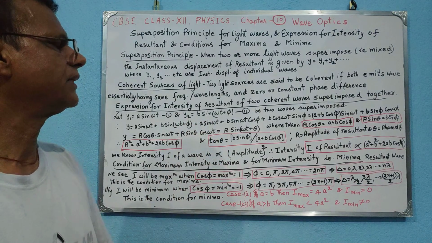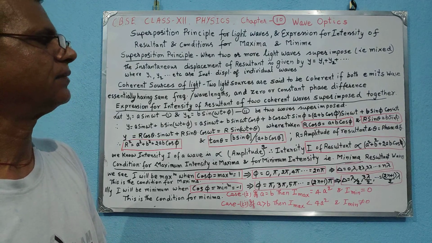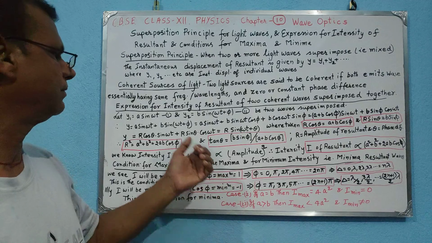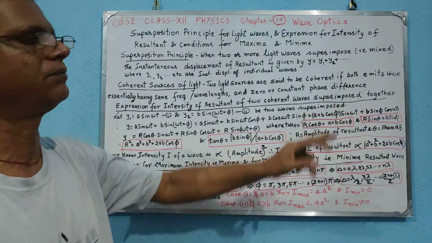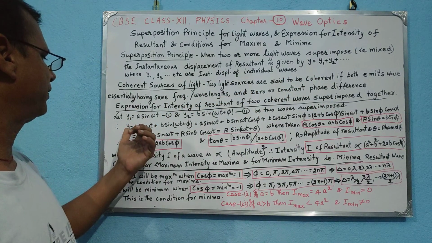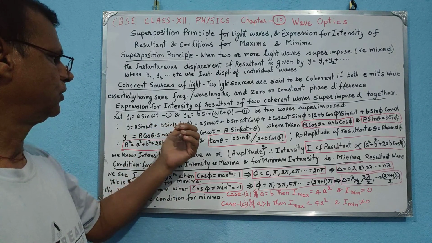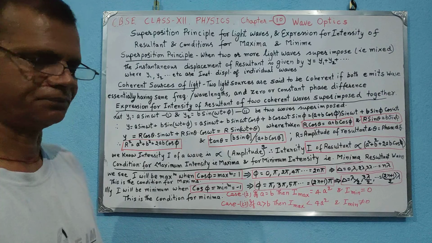When these two waves are superimposed, the resultant is given by y is equal to y1 plus y2, and therefore y is equal to a sin omega t plus b sin(omega t plus phi).